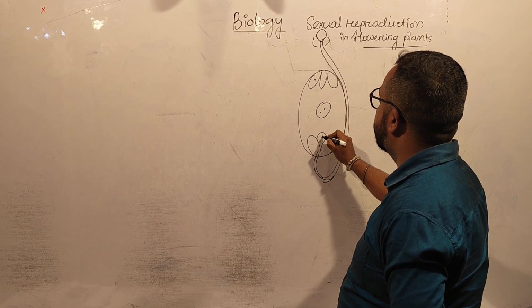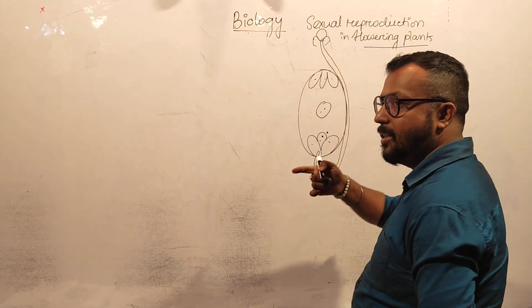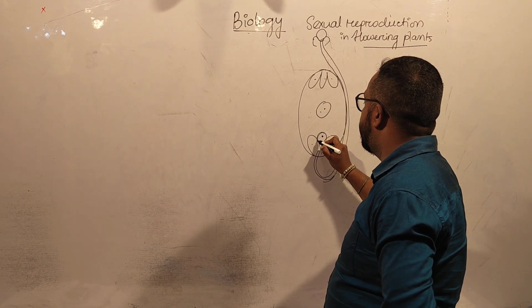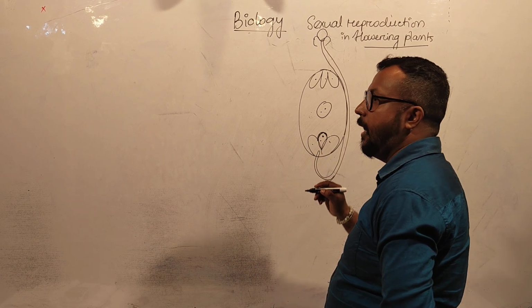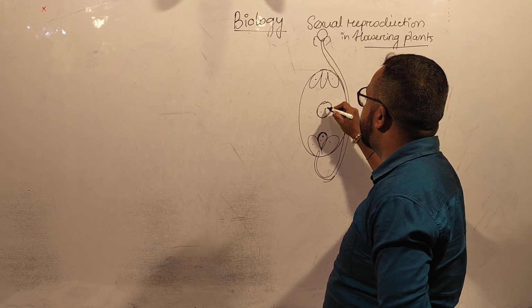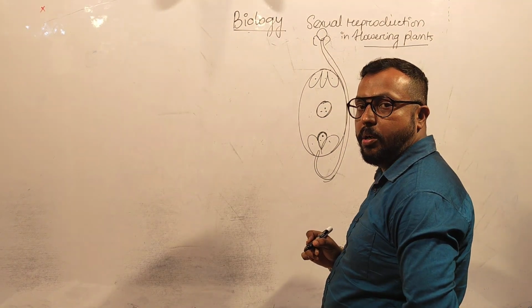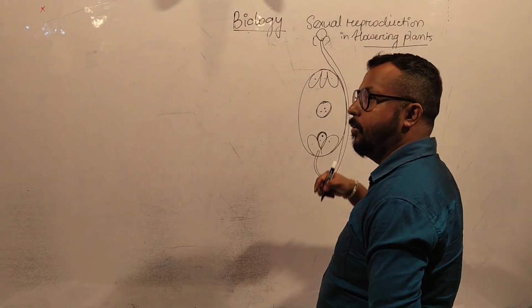It will release two generative cells, two germ cells, as I have already told you. One germ cell will fertilize the egg cell, and one germ cell will fuse with the central cell, or polar nuclei.